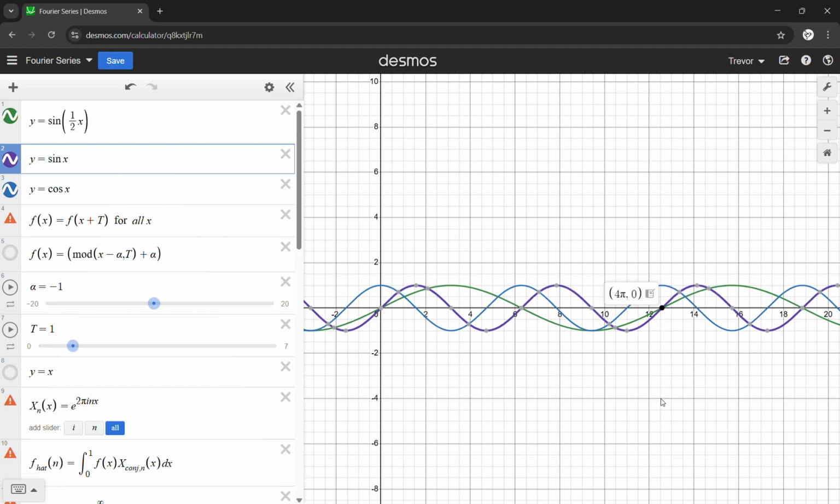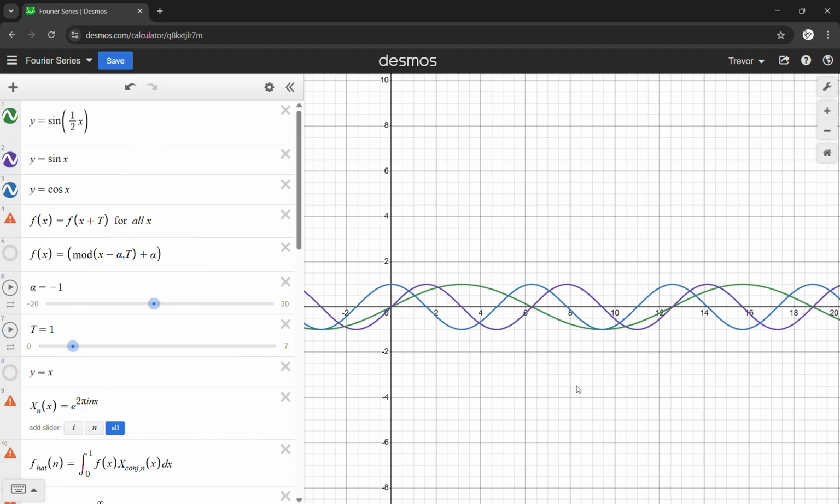And yeah, that's relevant because we're able to play with these and we're able to do what we want. And the reason these functions are periodic is because of this relation. Take any value of f of x that you want, go along the function a period of T, whatever period your function has.